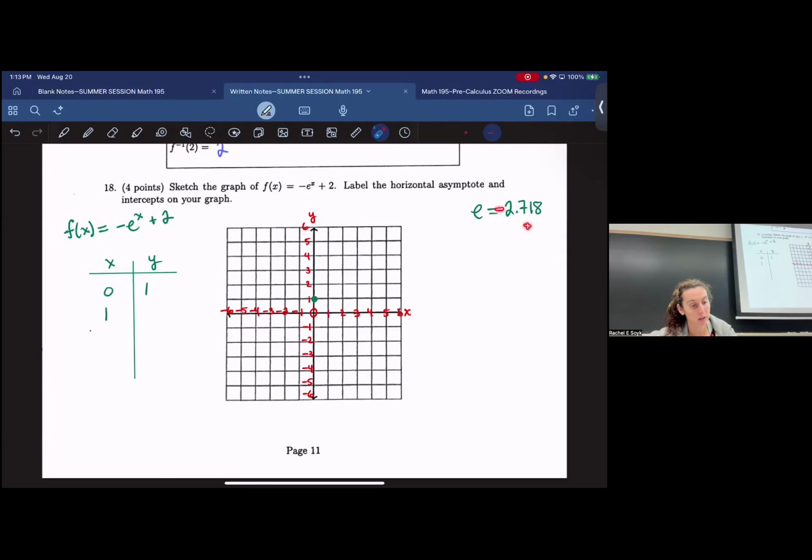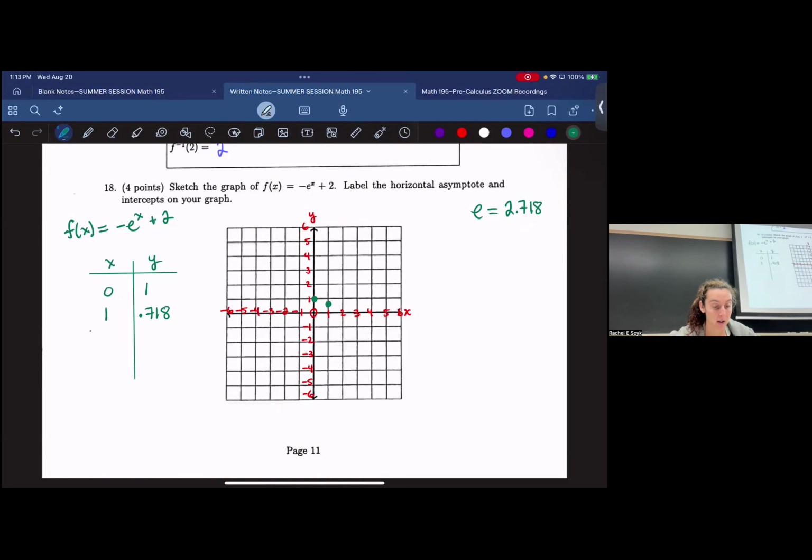And if we add 2 to that, then we just get a positive 0.718. So 1 comma positive 0.718. I would say those are probably the most that you could do without a calculator. You could do more, it would just involve more time. So let's not do that.